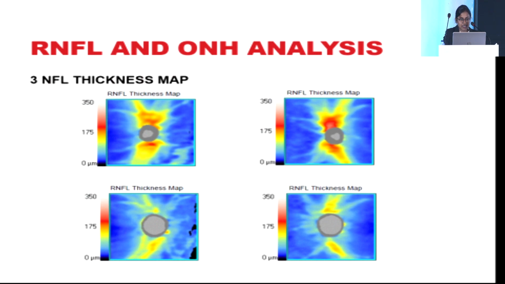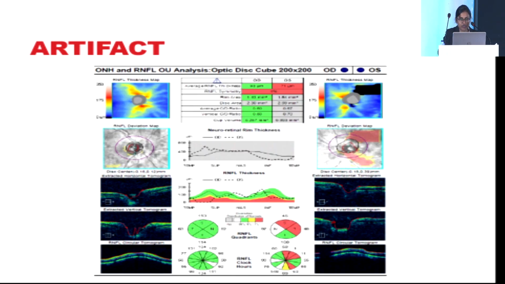In the pictures below, we can see that because of the increase in the cup area, this hourglass pattern has been lost, because of the thinning of the retinal nerve fiber layer. So the cooler colors, the blue, represent the thinning, and the hotter colors represent the thickening or the normal values.